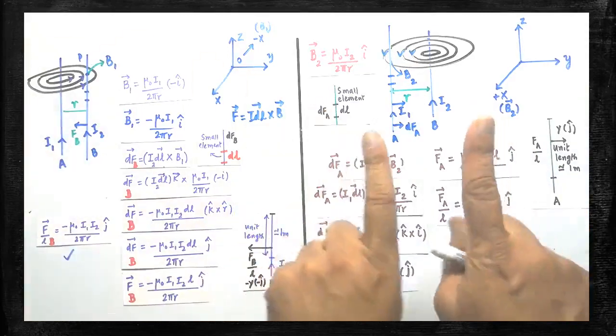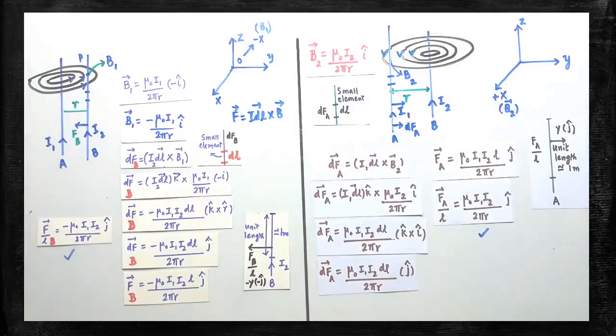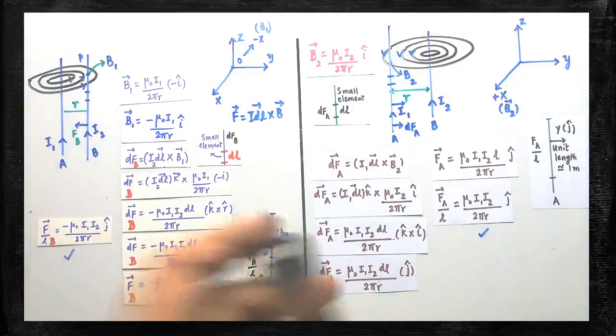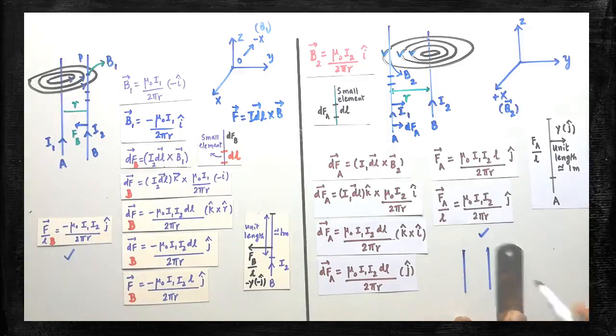So mutually in between the two wires, one force is acting in this direction, another force is acting in the opposite direction. I will draw the force between these two. Here the current is traveling in two conductors like this. This is A conductor, this is B conductor. Here one force is acting, that can be called FA.